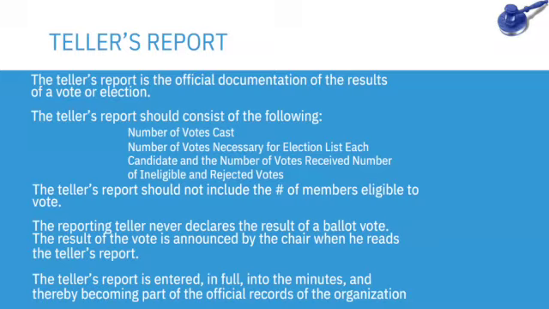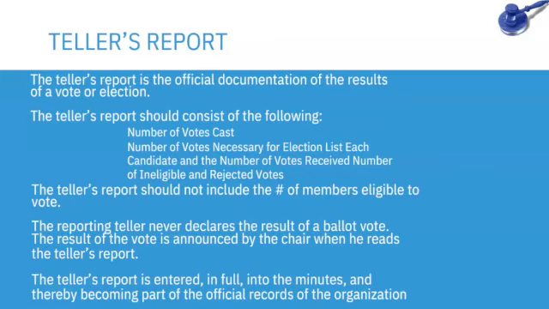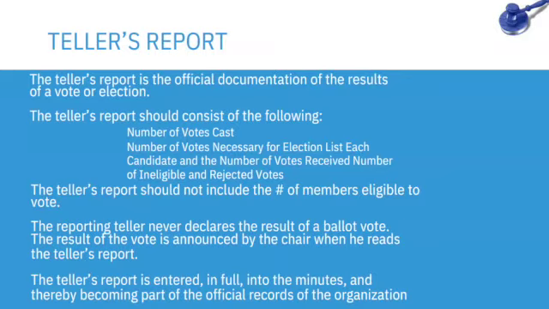The reporting teller never declares the result of a vote valid. The result of the vote is announced by the chair when he reads the teller's report. The teller's report is then entered in full into the minutes, thereby becoming part of the official records of the organization. So the teller just reads the result of the vote for each election, and then the chair usually repeats it by declaring who won.